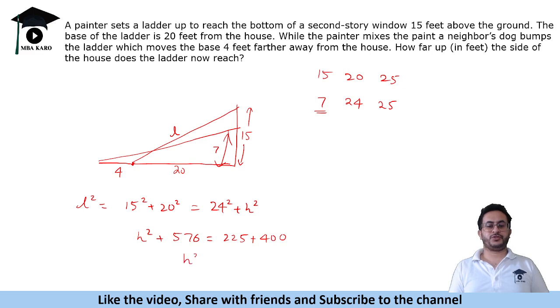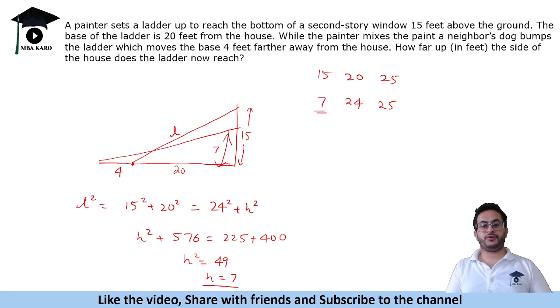So h squared is equal to 49, or h is equal to 7. So you will get the answer by equation also. But if you know the Pythagorean triples, you can get this answer straight away. It's a blessing to know these Pythagorean triples, because such questions then become a cakewalk for you in the examination.